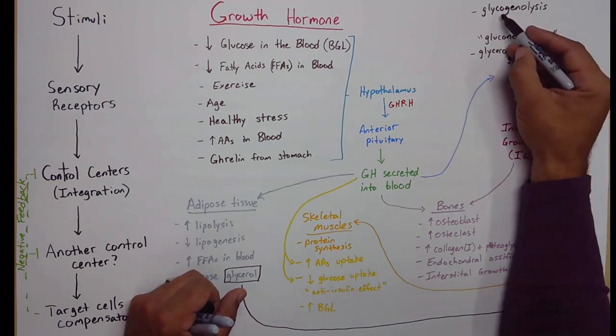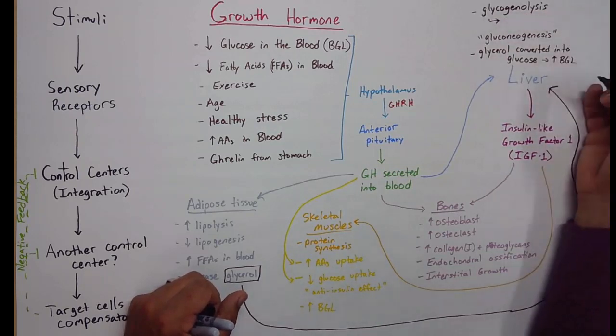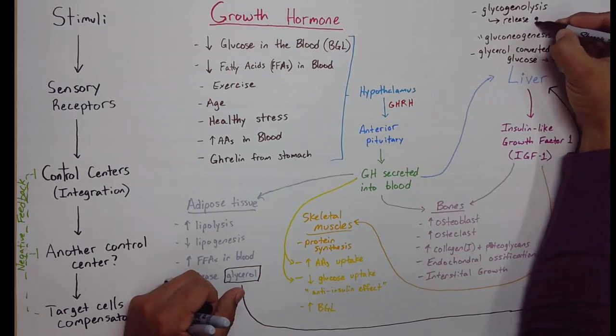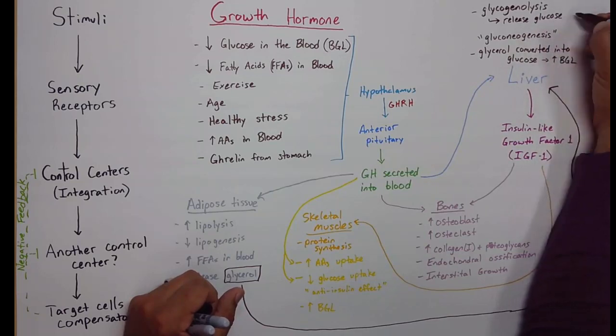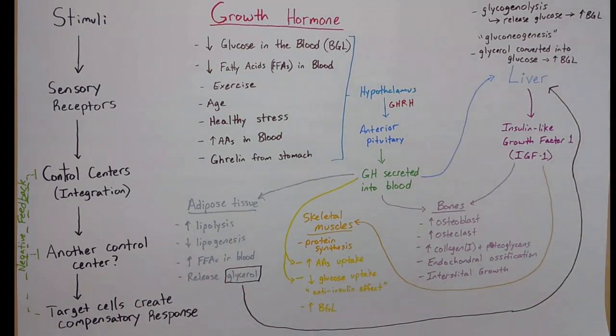If I take glycogen, which is stored glucose, and I break it down, what am I going to be releasing even more of? Glucose. And what is that going to do? It's also going to be attempting to increase your blood glucose levels.